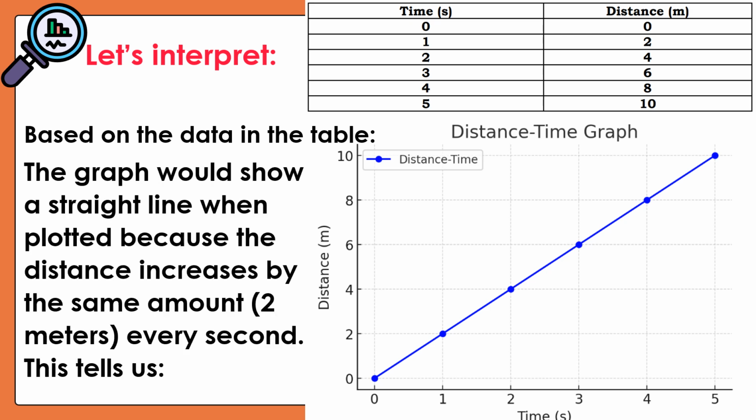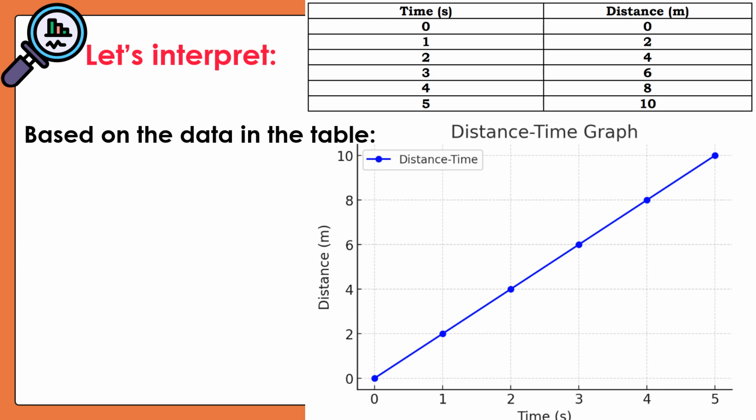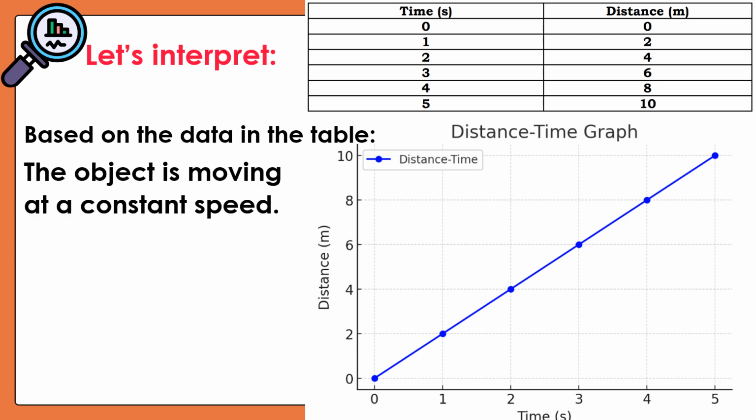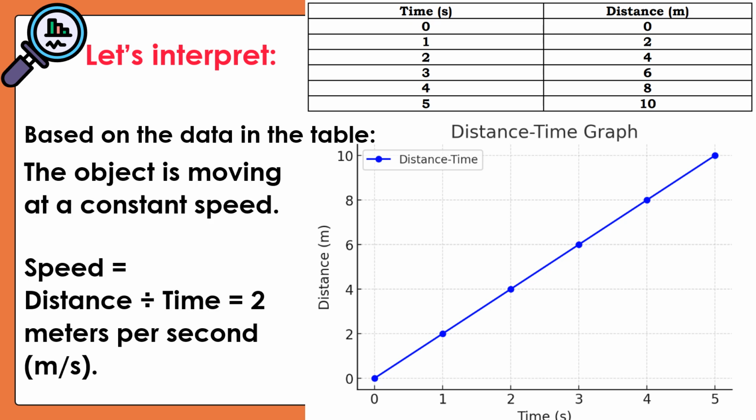The graph would show a straight line when plotted because the distance increases by the same amount, 2 meters, every second. This tells us that the object is moving at a constant speed. Speed is equal to distance divided by time is equal to 2 meters per second.